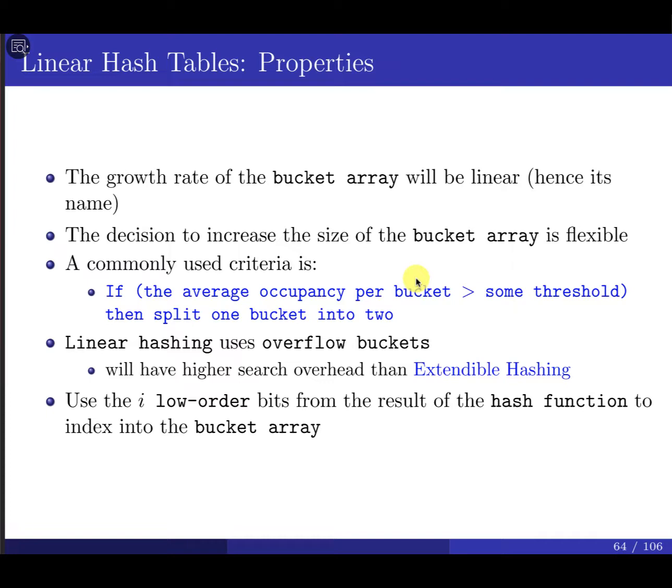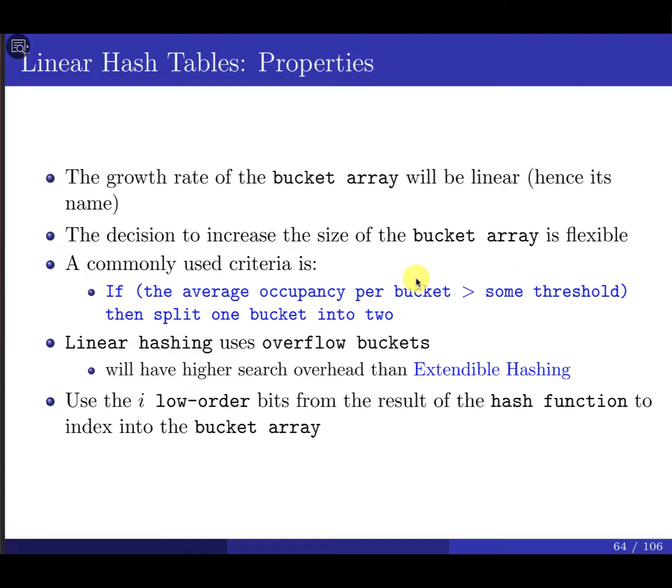And also, when you need to decide that you need space. For example, in the previous algorithm, extendable hashing, we decide that we need to double the size, or increase the bucket array or the directory that contains the buckets, when the value of i is equal to the value of j and we do have an overflow, right?